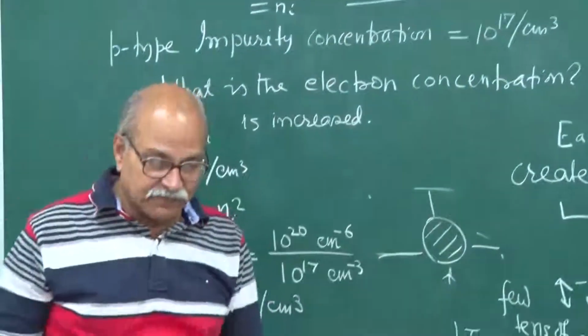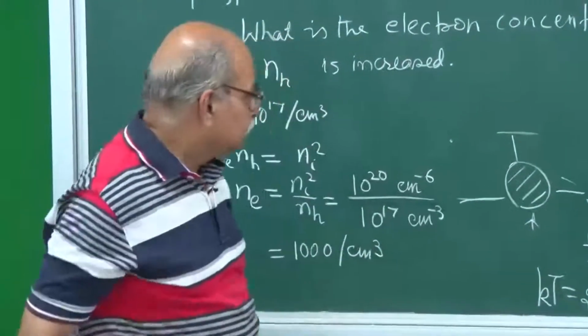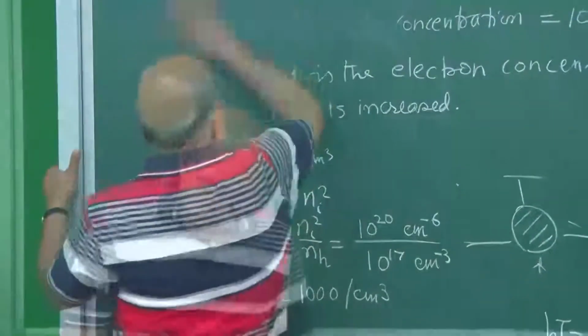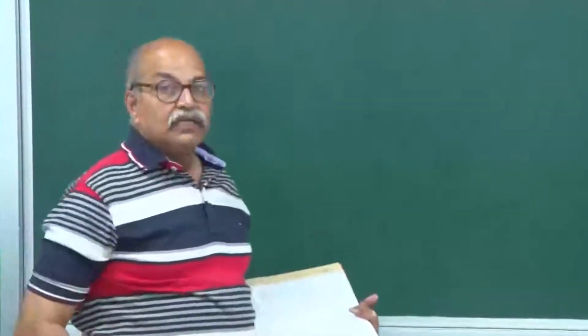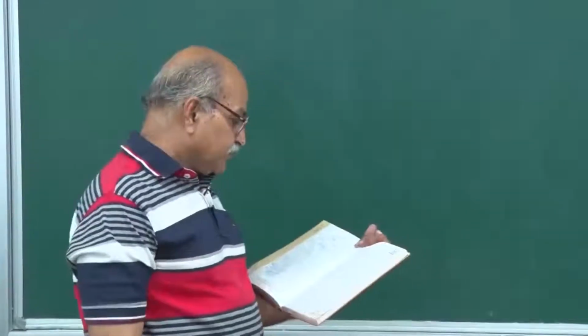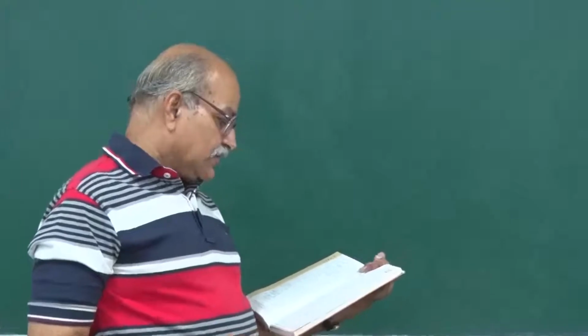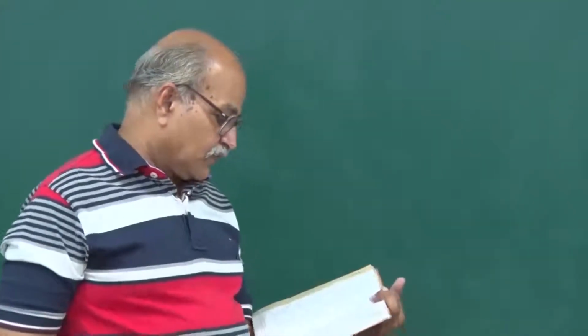Okay, the third question. Now the next question says that you have silicon which is doped with phosphorus.